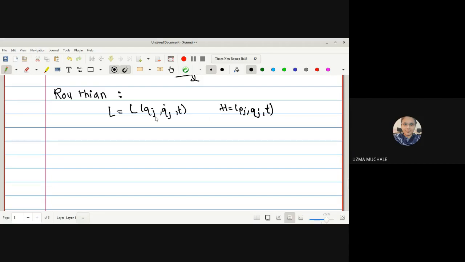If qj is cyclic in L but qj dot is present, pj is constant. Out of these two, we are now going to find a new function, that is the Routhian. R is a function which is constructed out of Lagrangian as well as Hamiltonian, which works in between Lagrangian and Hamiltonian.